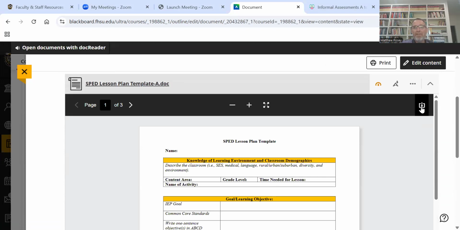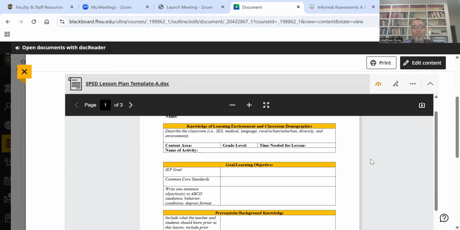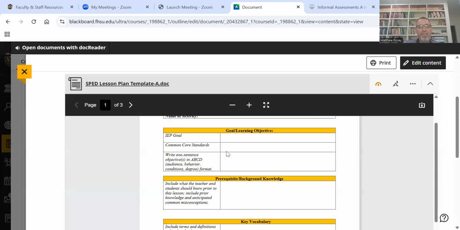You can download it by clicking on the download arrow here. It is a Word template, in Word format. So if you download this to your desktop, you can go in and type in the information for each of these: name of activity, what grade level, time needed for the lesson, maybe a goal if the student was on an IEP, based on the data and identifying the strengths and weaknesses.